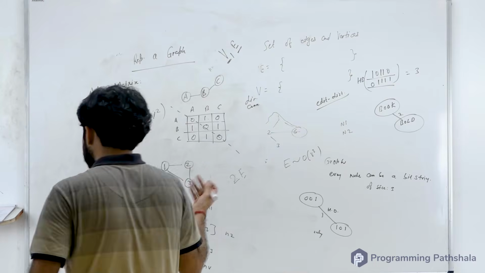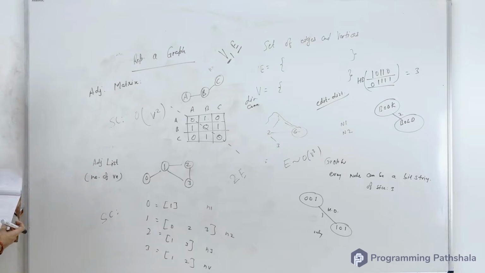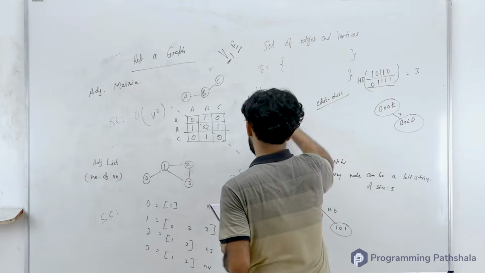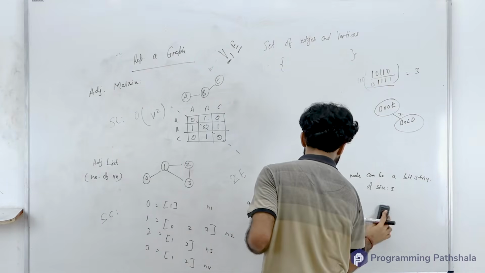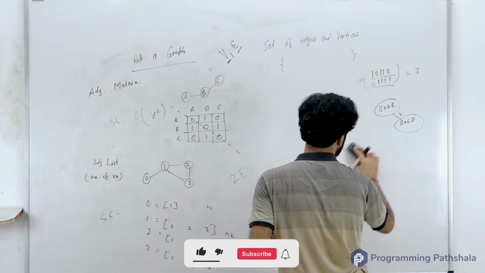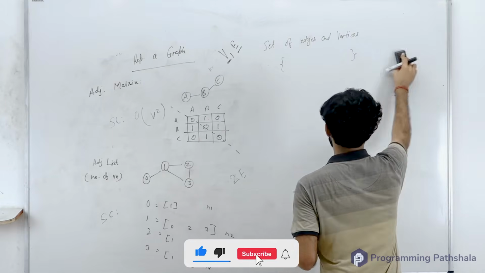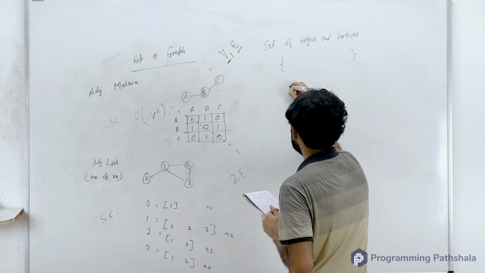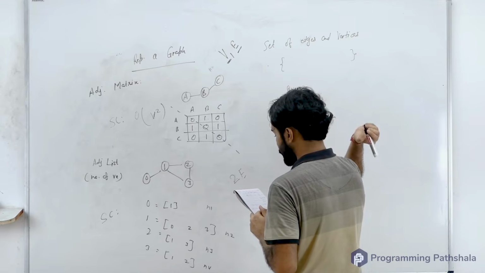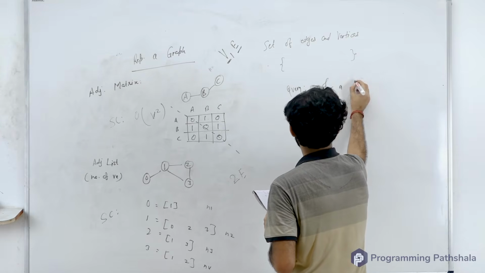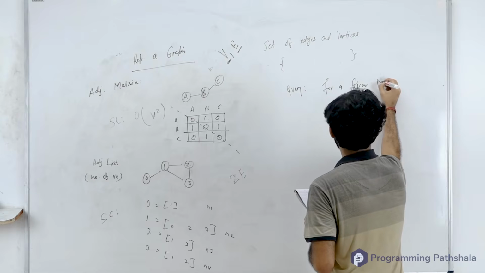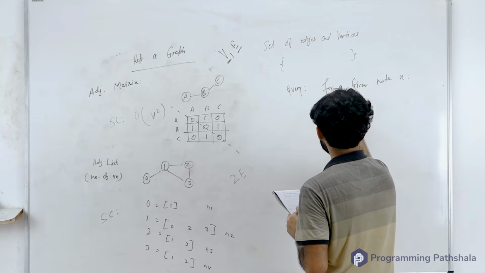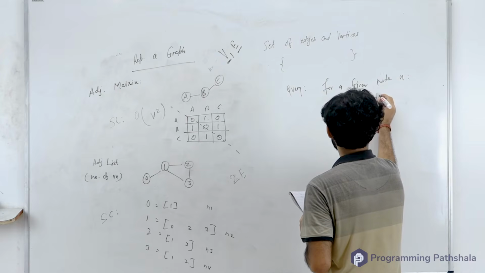Okay, so let us try to understand a few examples. And guys, I'm talking about these things because these are choices you have to make while solving a problem, so it is better to understand them in detail. Let's say there is a query: for a given node n, print all direct neighbors.